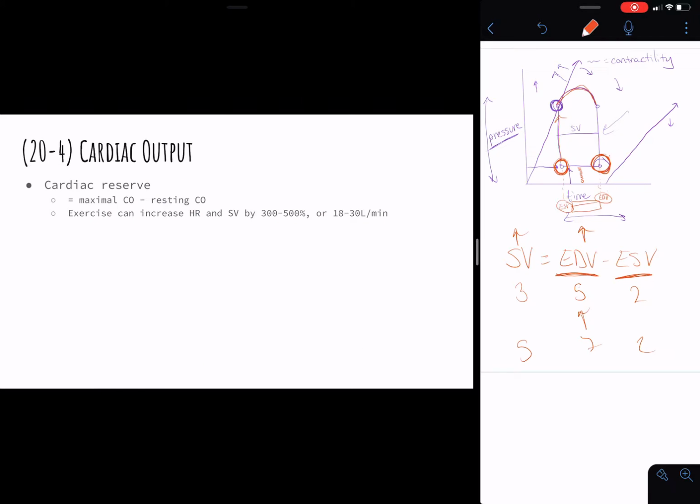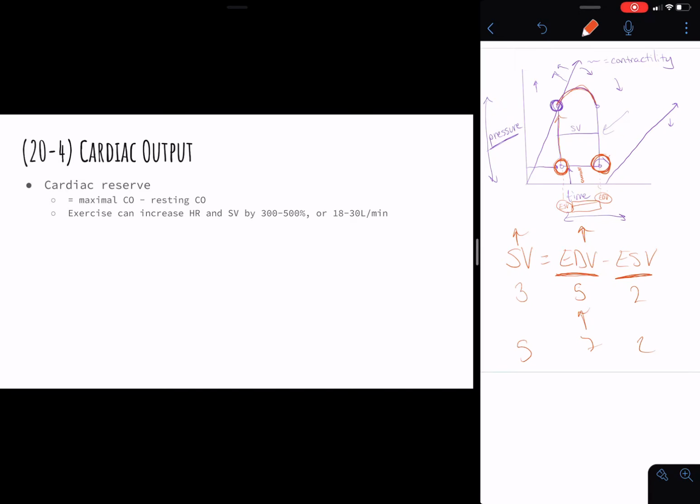One last piece about cardiac output is something called cardiac reserve. So if we have the maximal amount of cardiac output minus the resting cardiac output, that is what would equate as our cardiac reserve. And cardiac reserve, I don't want to say determines health, but if you have a higher cardiac reserve, then your heart is better at being able to move blood through than the normal person would be.